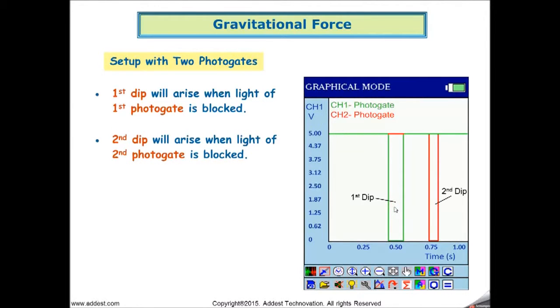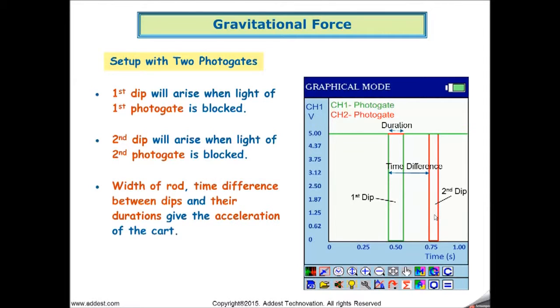The other dip will arise in a similar way. The width of the rod, the time difference between the 2 dips, and their durations enable us to compute the acceleration of the cart.